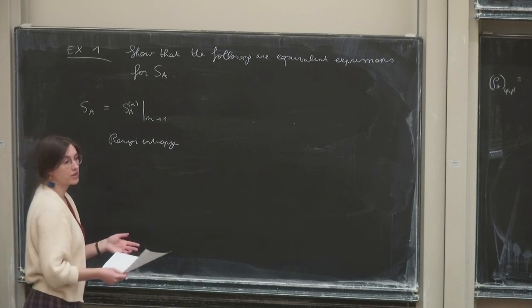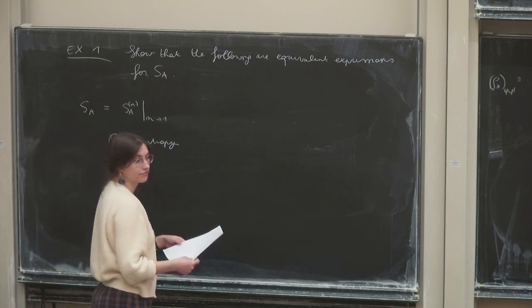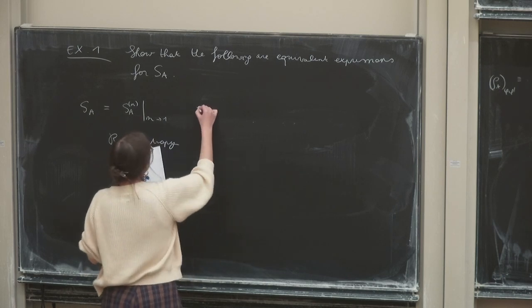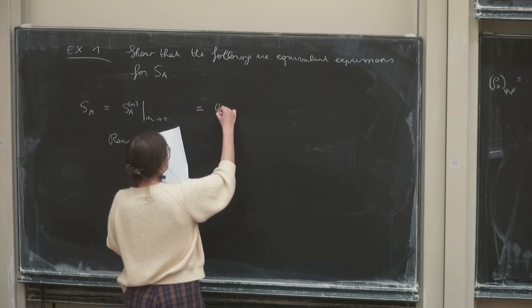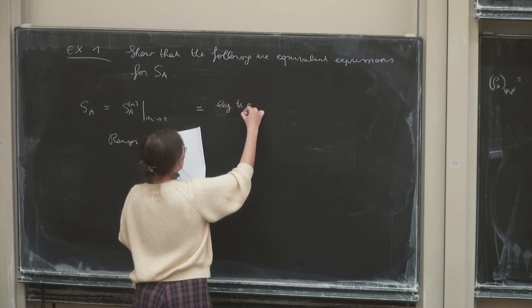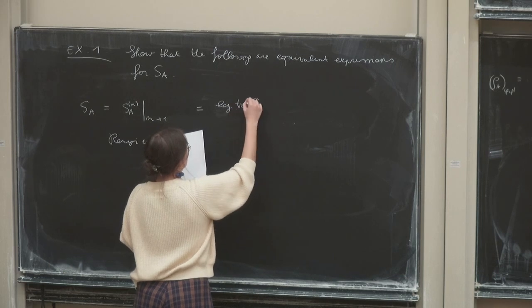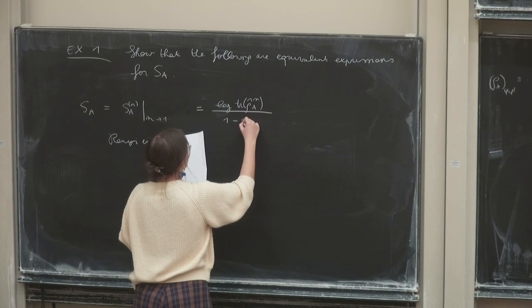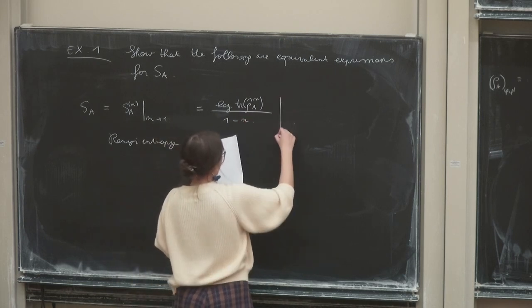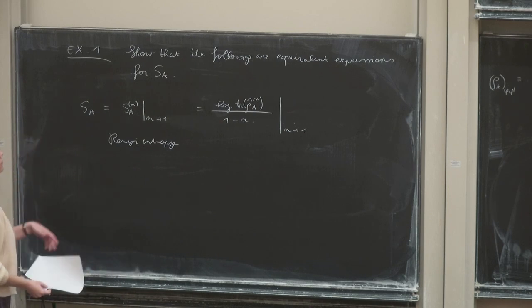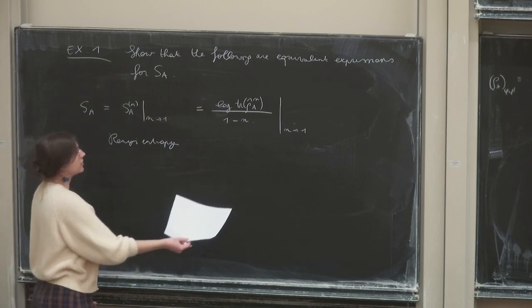So the Renyi entropy is the more difficult object. And the Renyi entropy is defined as follows, as the log of the trace of the reduced density matrix to the power n over 1 minus n. Okay, and for getting the entanglement, you have to take the limit n to 1.